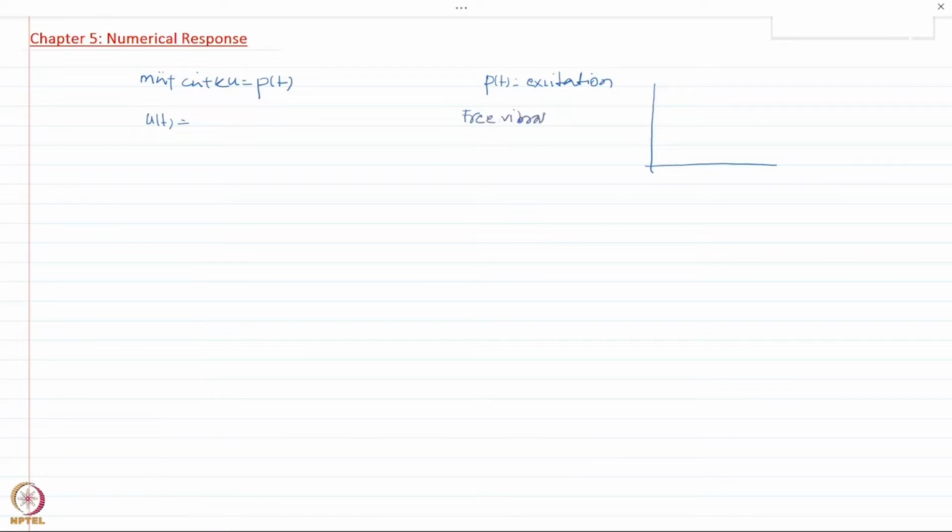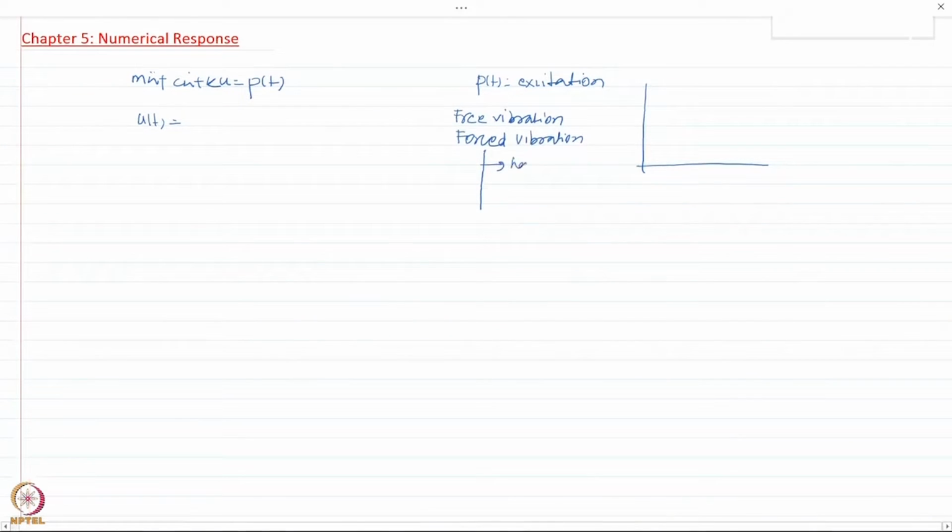The motion was initiated by initial conditions, and then we saw cases in which a force acts on the system. In forced vibration, we saw different kinds of forces. First we considered harmonic excitations, in which the force can be represented as a function of sine or cosine.